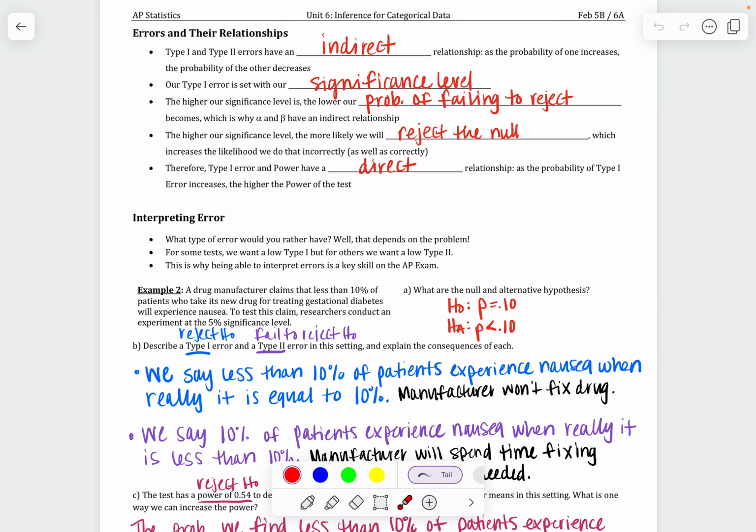So if I increase my probability of type 1 error, which is rejecting the null incorrectly, I am also increasing the power of a test, which is rejecting the null correctly. So that is increasing our probability of rejecting overall.